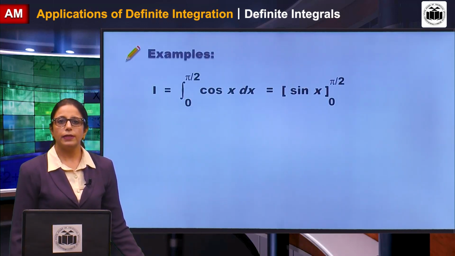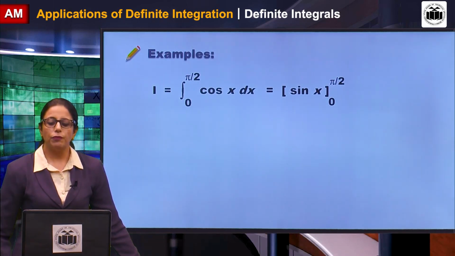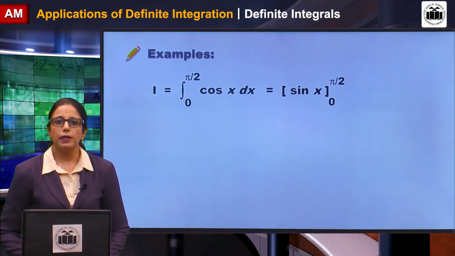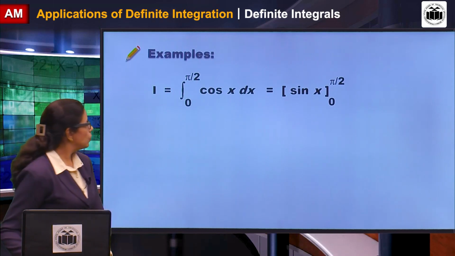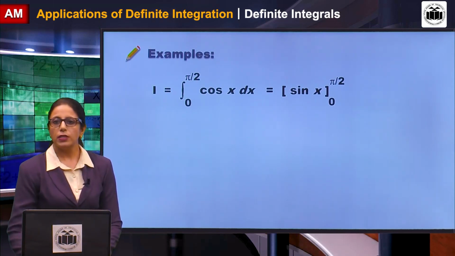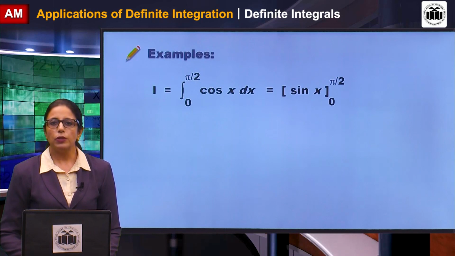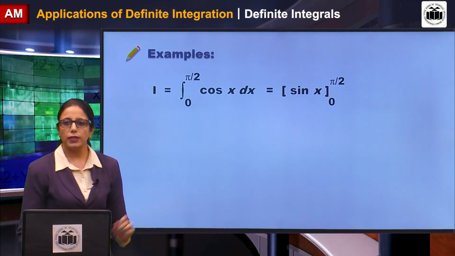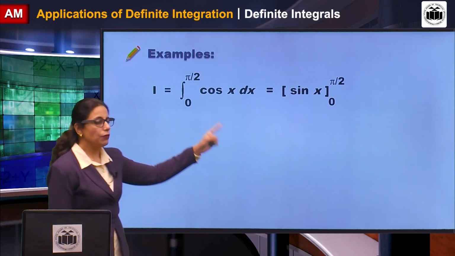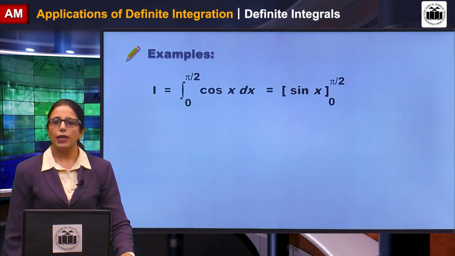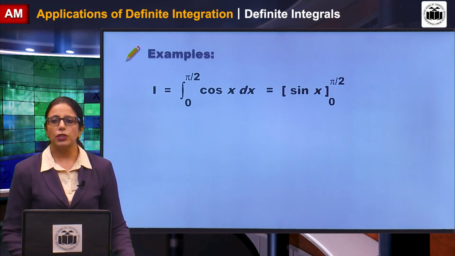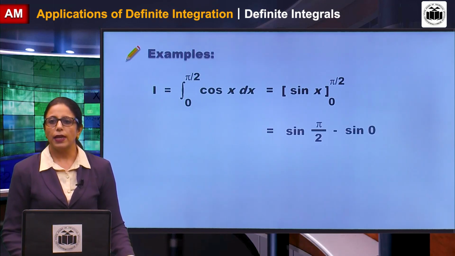Let us see another example. It is a trigonometric function which we are integrating. Integration from 0 to pi by 2 of cos x dx. Now, we know that the integration of cos x is sin x. So, integration of cos x is sin x, again limits from 0 to pi by 2 have to be applied on the function after integration, and that is like this.